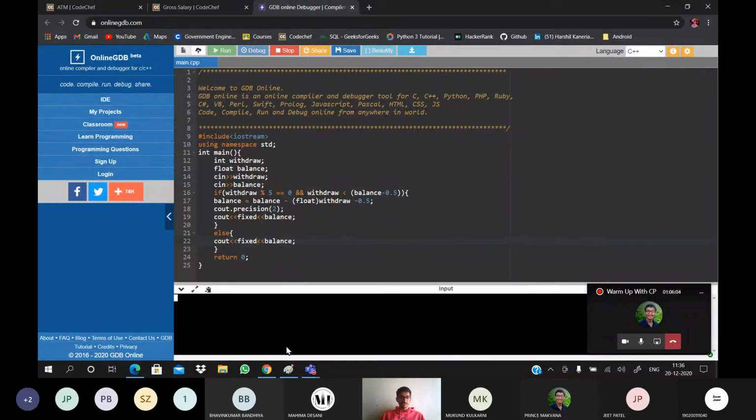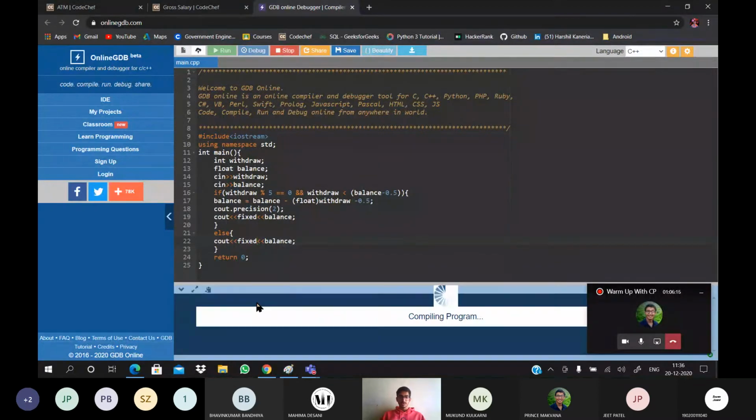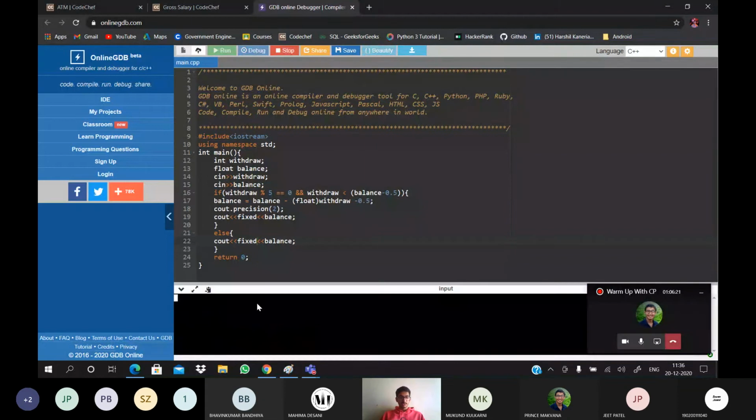If our input is 42 and main balance is 120, then our output should be 120. Let us run for another case: 300, and initial balance was 120. Then our output is 120.